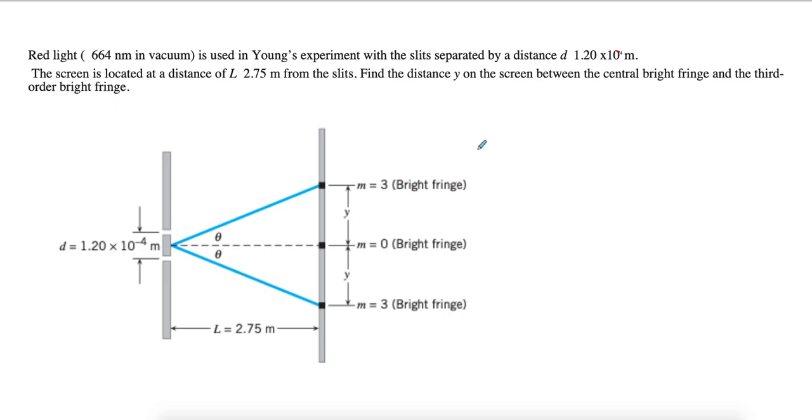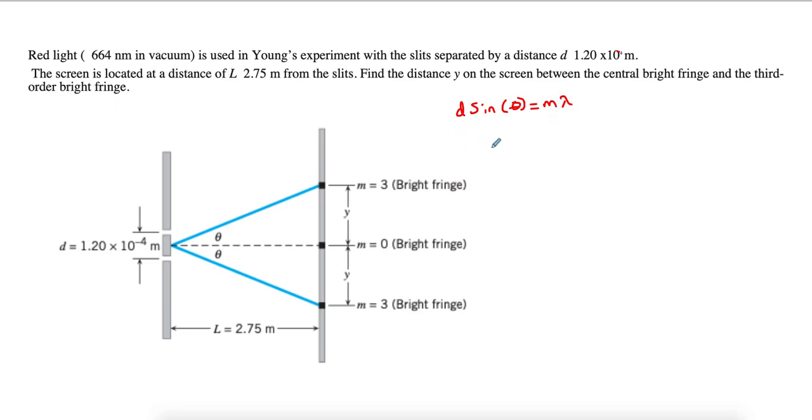The equation we know is d sine theta equals m lambda. A couple things we know: lambda is our wavelength, and as it goes through, that wavelength doesn't change, whether it's on this side or this side. We know d, that's from here, and we actually know m too. This is the third order, so in that case, m is going to be 3.